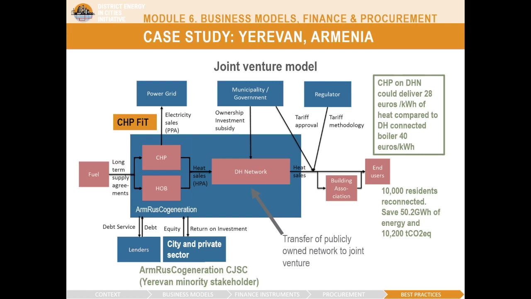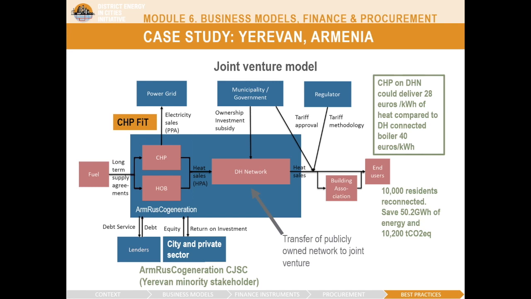Joint venture model of Yerevan. The figure in this slide represents the financial structure of a PPP model of district heating in Yerevan. As can be depicted, it is organized as a joint venture between the local government and foreign investors. The main CHP plant and heat-only boilers are owned by Armrus Cogeneration.